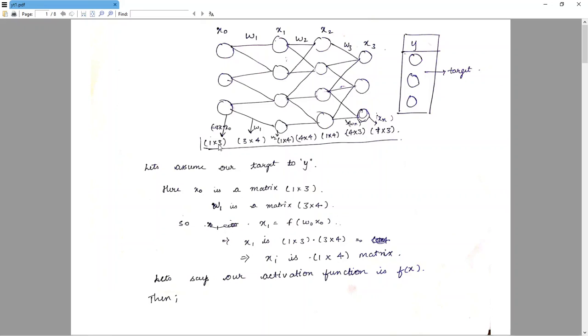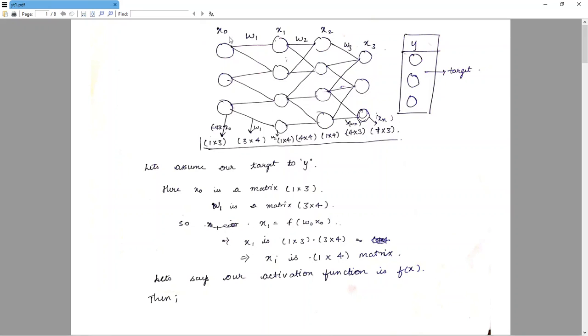Suppose an input is a 1 cross 3 matrix and our output layer is a 1 cross 4 matrix. We need a 3 cross 4 matrix as the weight matrix, because when you multiply a 1 cross 3 matrix with a 3 cross 4 matrix, you get a 1 cross 4 matrix. That's how the entire neural network system works. With that out of the way, let's get started.